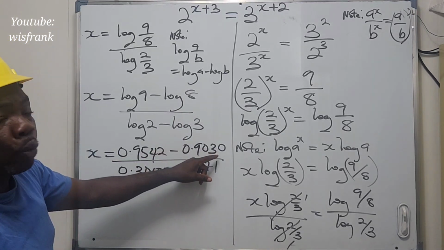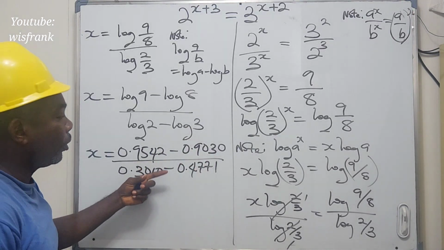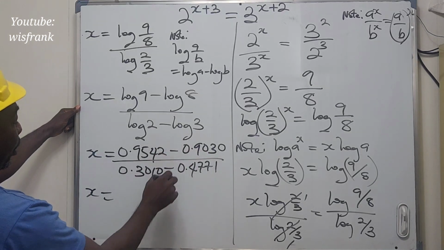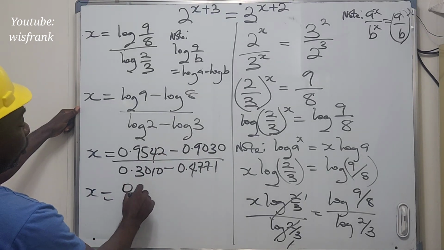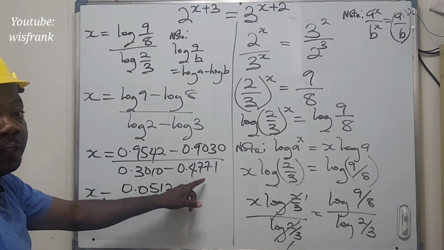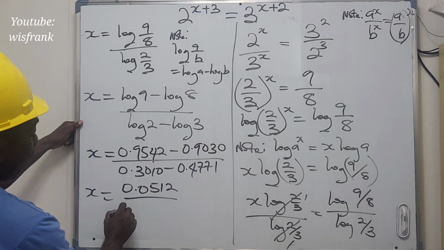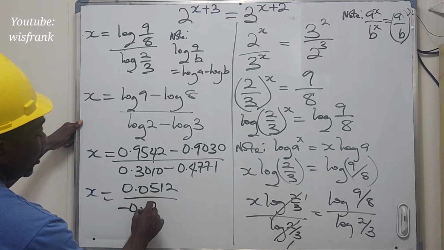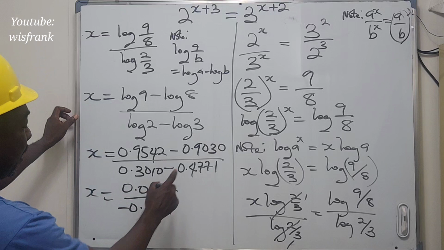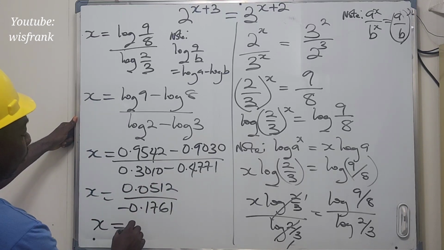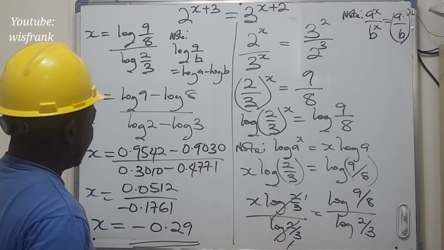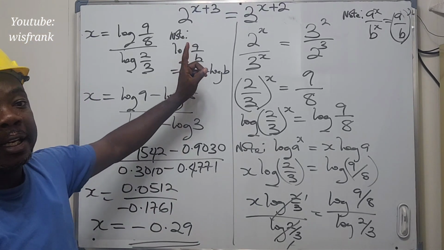When we evaluate this, the numerator is going to give us 0.0512, all over, subtracting this from this is going to give us minus 0.1761. So when you evaluate this, the value of x will become minus 0.29. So this is the value of x that we have, and it satisfies this expression.